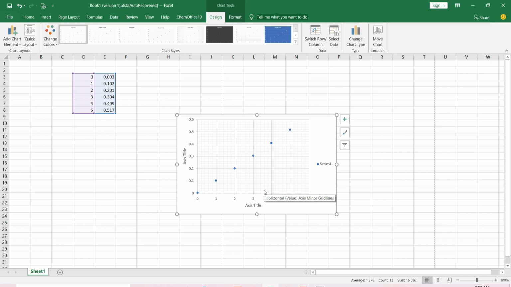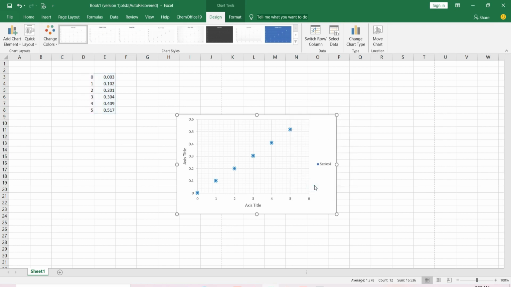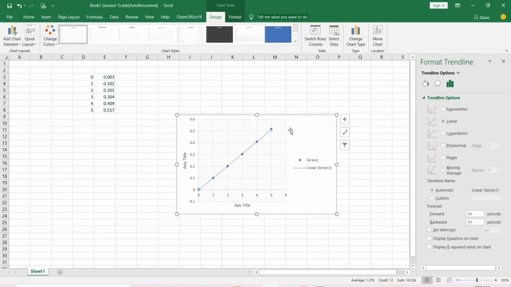Then when we have these points, we need to have the straight line. So how to insert the straight line? You click on the point, right click, and you will have this option. Then click on add trendline.